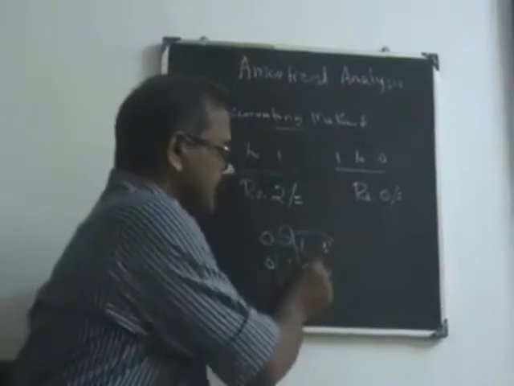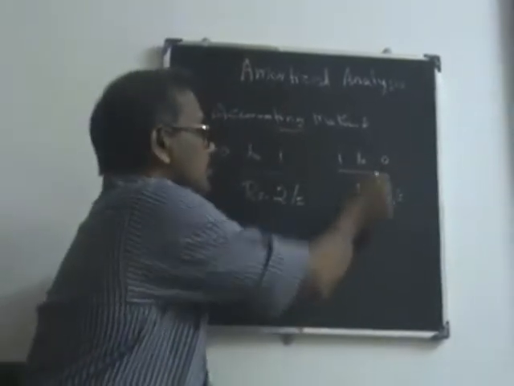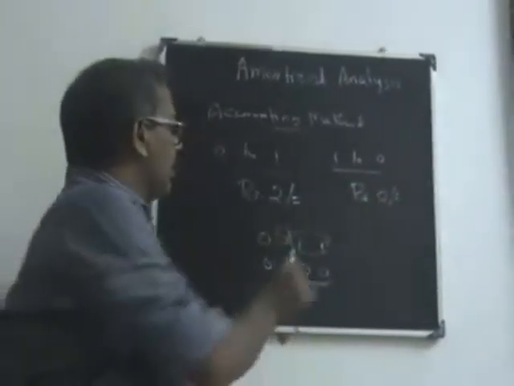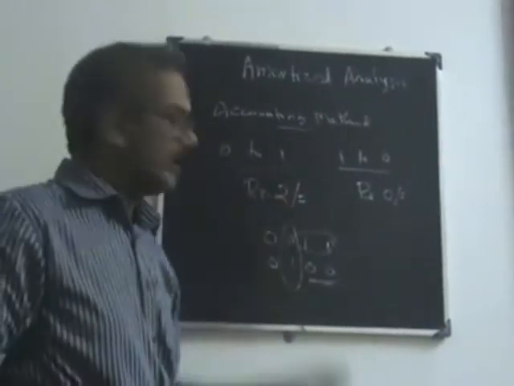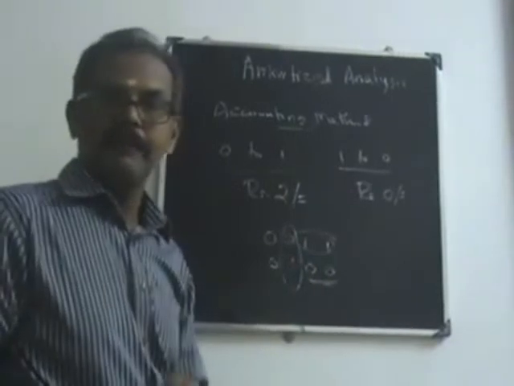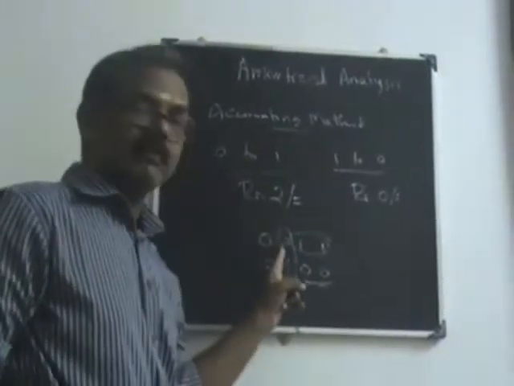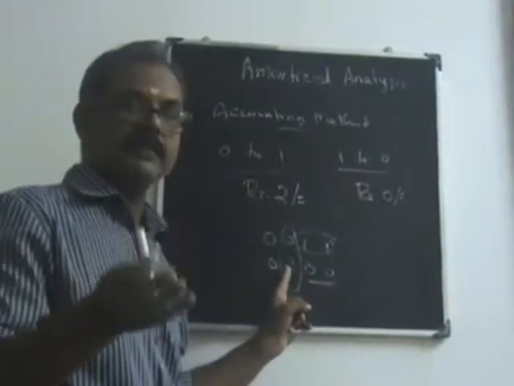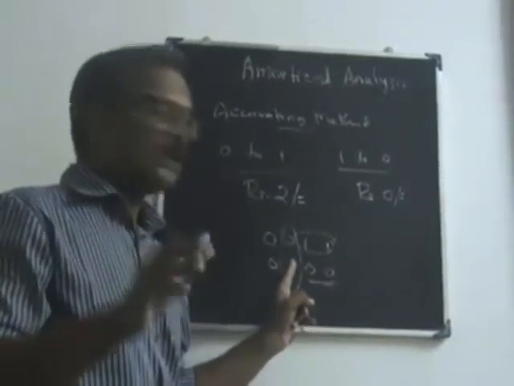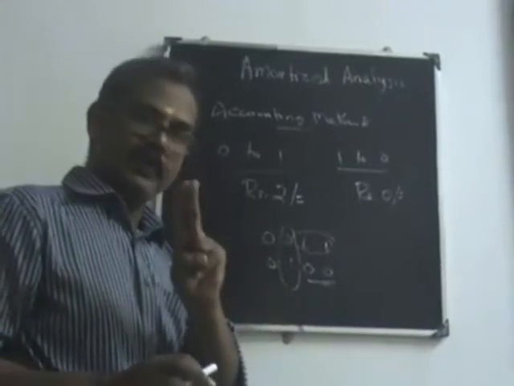For the changes from 1 to 0 I am not paying any amount. But for this change I will pay rupee 2. Remember that in each increment, only one bit will be converted from 0 to 1. All the remaining conversions are from 1 to 0. So every increment I have to pay only 2 rupees.